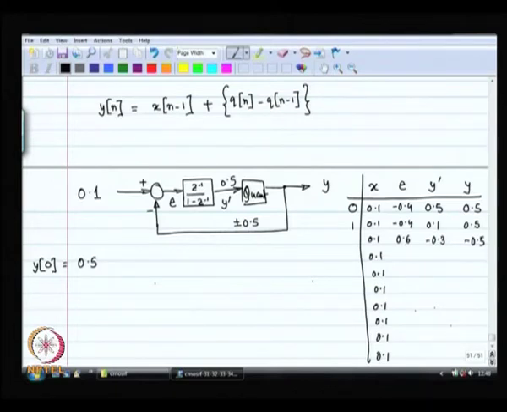Now, the new y hat is going to be plus 0.6 plus minus 0.3. So, plus 0.3, which means that I have got 0.5 over here, and that means that my new error is minus 0.4. If the new error is minus 0.4, old y hat is 0.3. So, the new y hat is going to be minus 0.1. That means I am again going to get minus 0.5, and I have again got minus 0.5 over here, meaning that my error is plus 0.6.